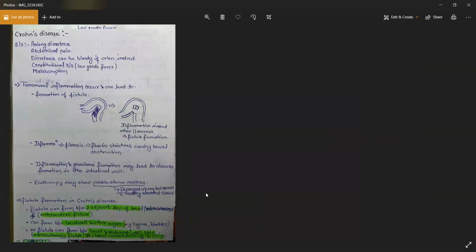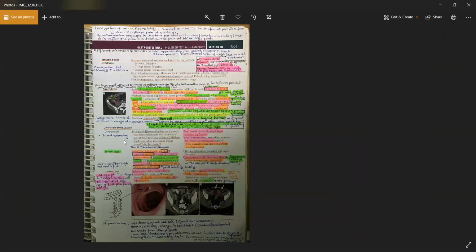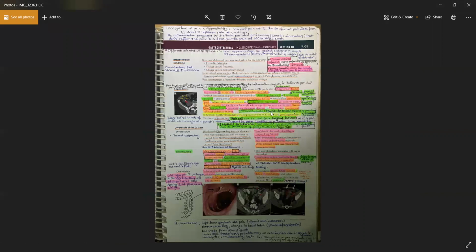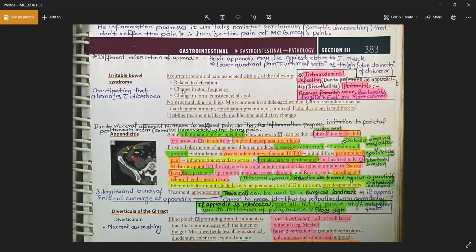And today we will be starting with irritable bowel syndrome. Okay, so for irritable bowel syndrome, you need to remember two, three things about it.